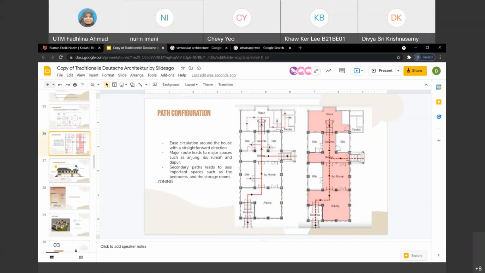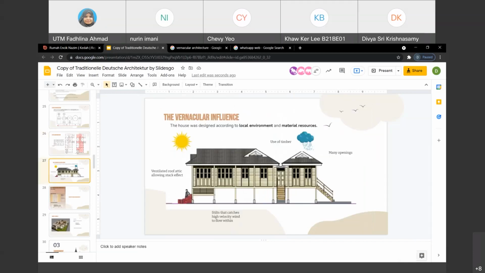Okay, alright. So then it's about the vernacular influence on the house. The house was designed according to the local environment and also material resources.